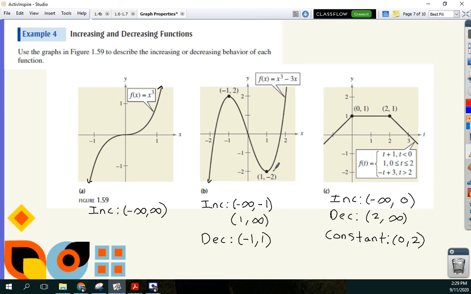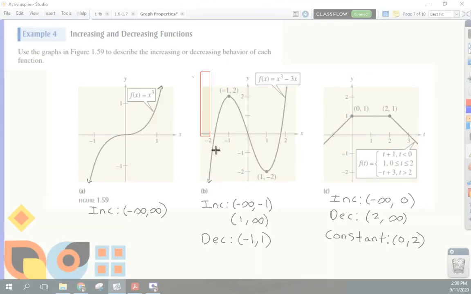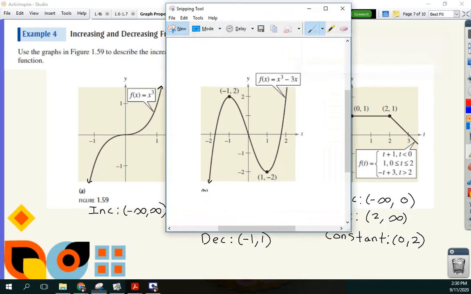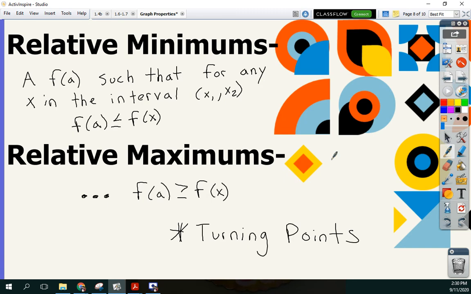Okay, so we should notice that we have two spots that could potentially be relative mins and maxes, because that's where the graph is going to turn.